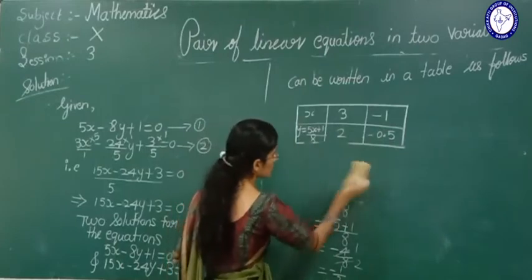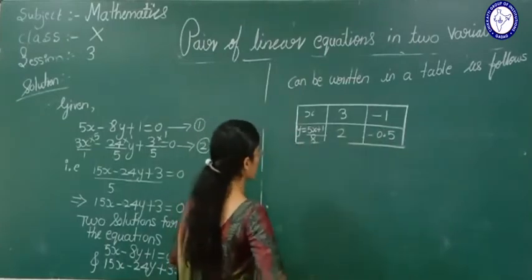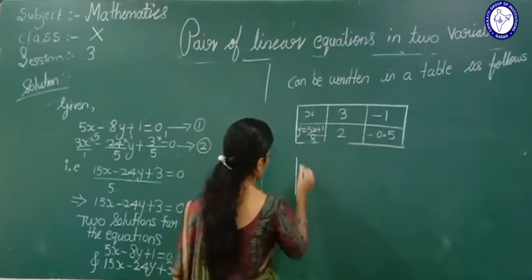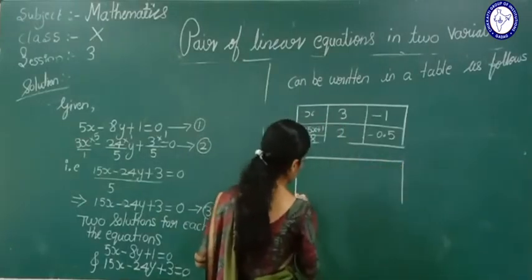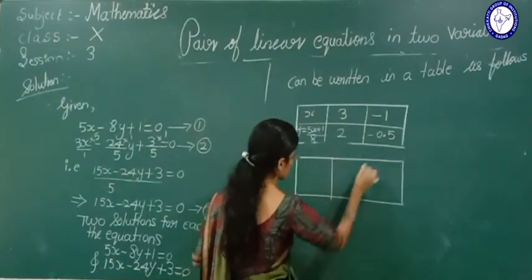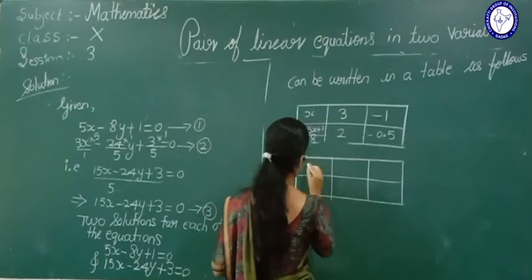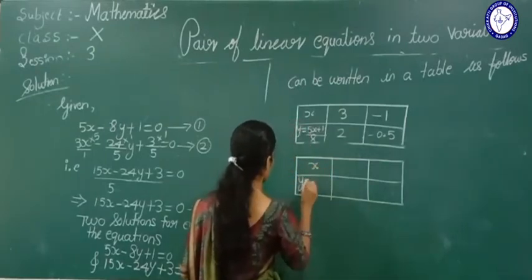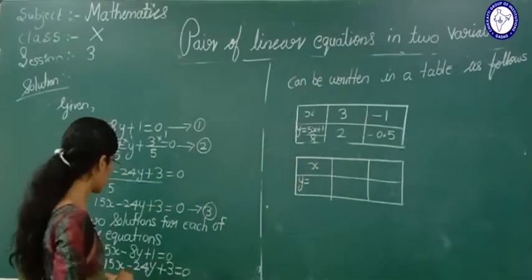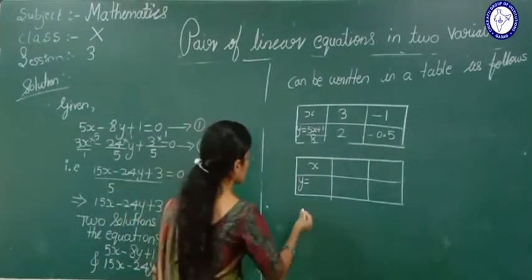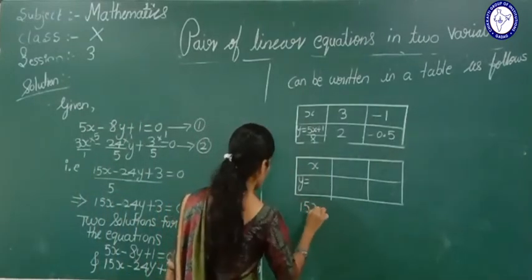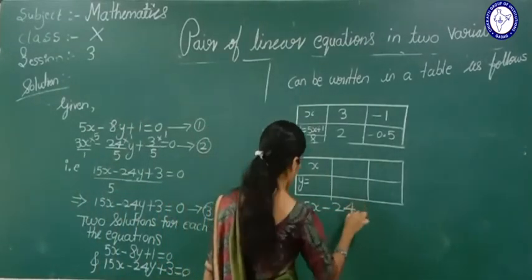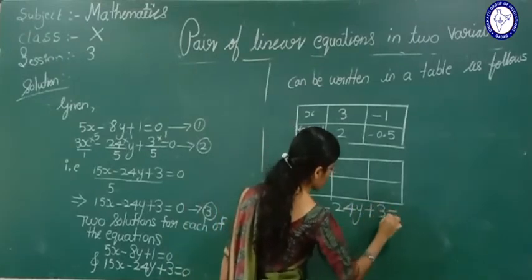In the similar way, we will find the solution for equation number 2. We have to find the x and y values. Equation number 2 is 15x minus 24y plus 3 is equal to 0.